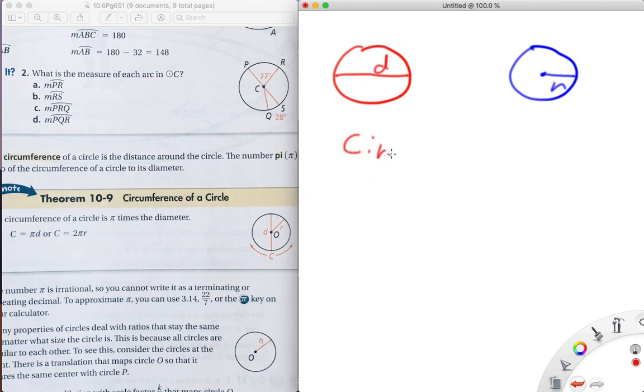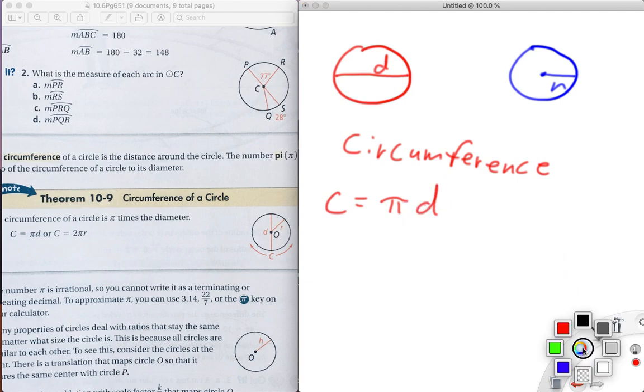Circumference is the distance around the circle. And when you have the diameter, the circumference is equal to pi times the diameter. And when you have the radius, circumference is equal to 2 pi r, or 2 times the radius.